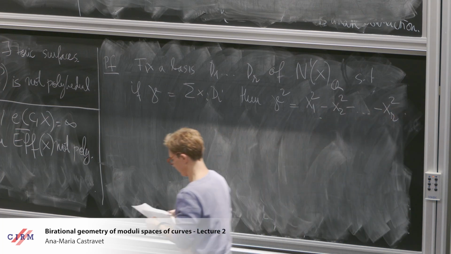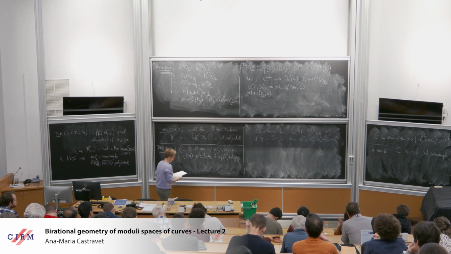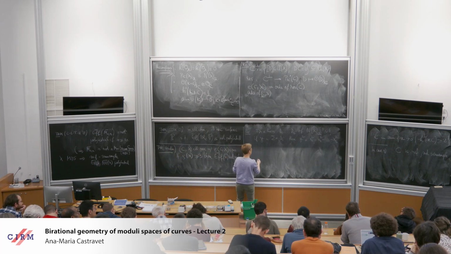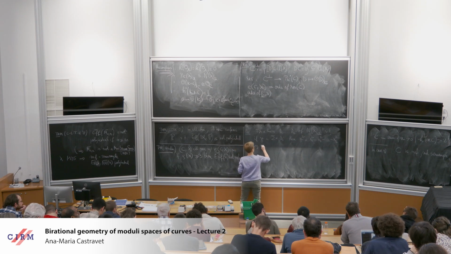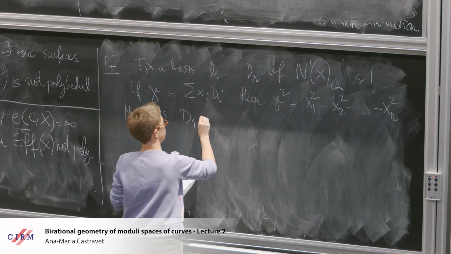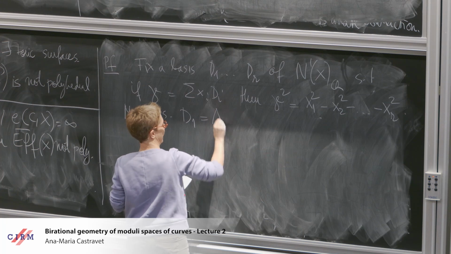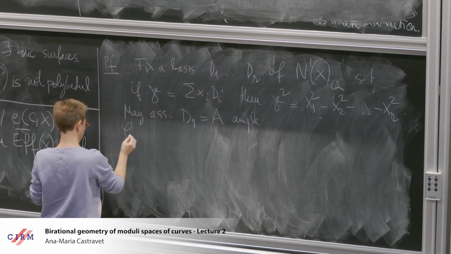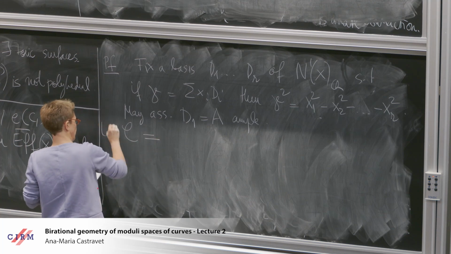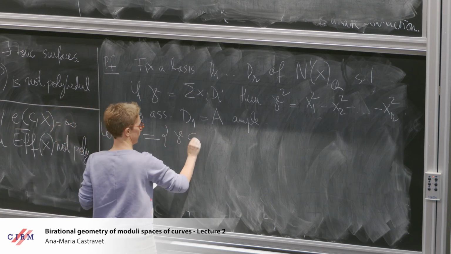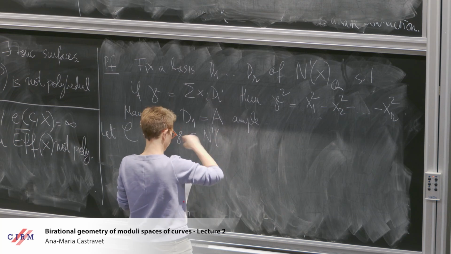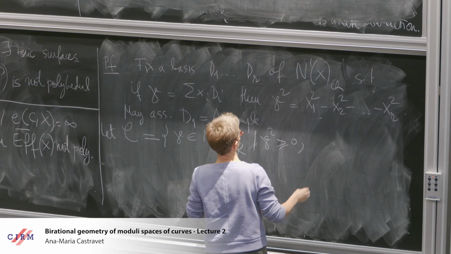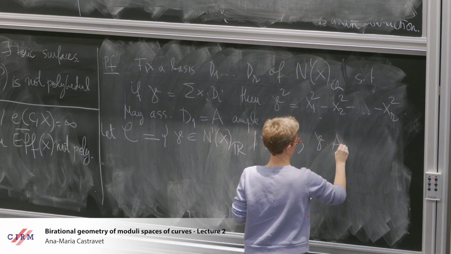The signature is (1, r minus 1). I may assume also that the first divisor D1 is ample. And so then consider what's called the light cone. So this is classes with non-negative self-intersection, which intersect this ample class non-negatively.